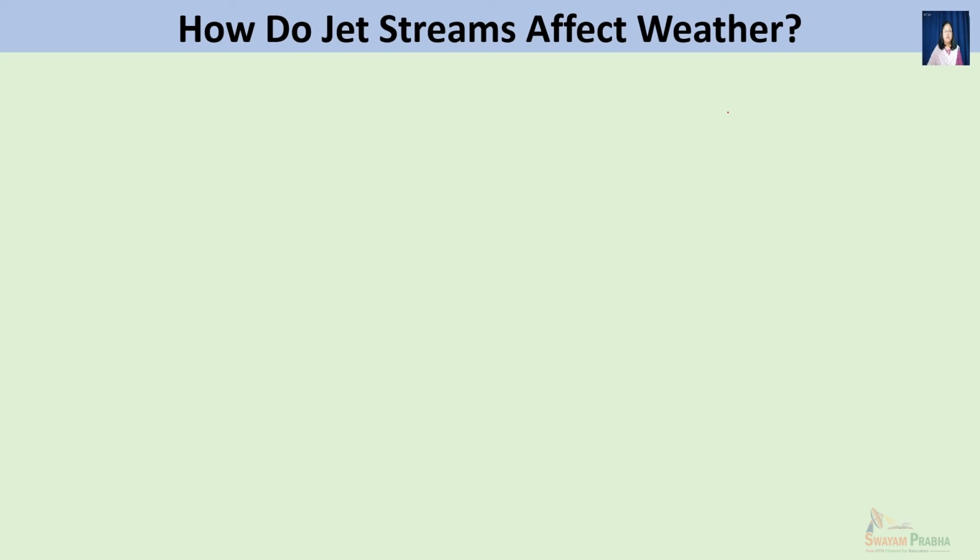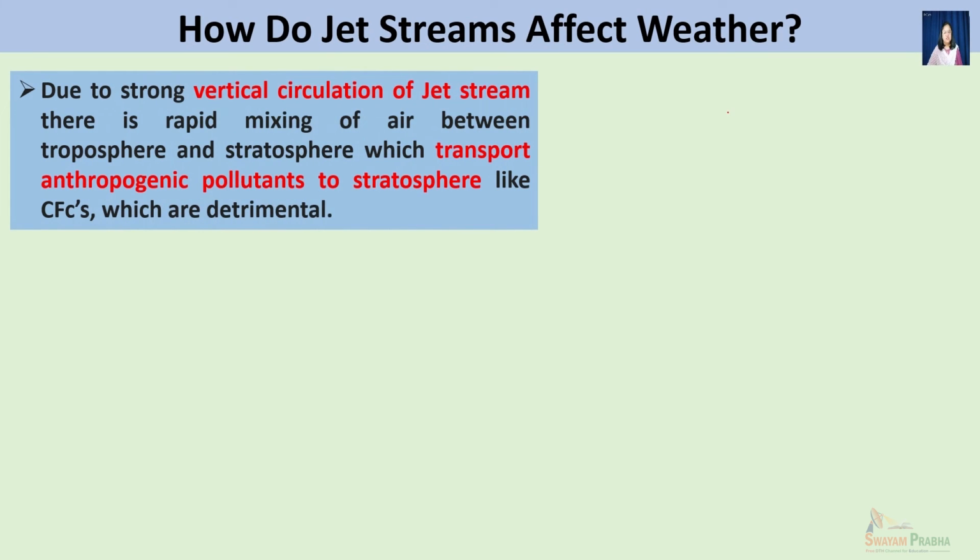Although jet streams are primarily characterized by horizontal circulation, due to strong vertical circulation, sometimes jet streams are also responsible for the transfer of anthropogenic pollutants due to the rapid rate of mixing of air between the troposphere and the stratosphere.